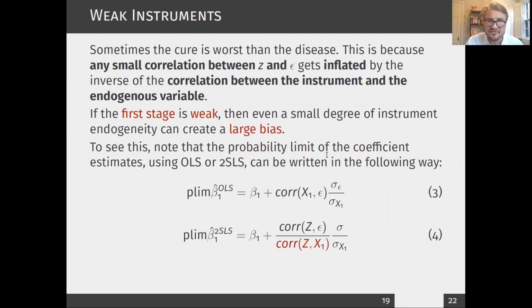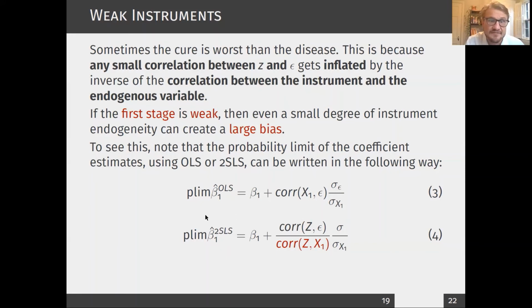And so here are two equations that you don't need to memorize. I have a mathematical appendix to say how it's calculated, but it just helps you to understand how these two biases could operate.